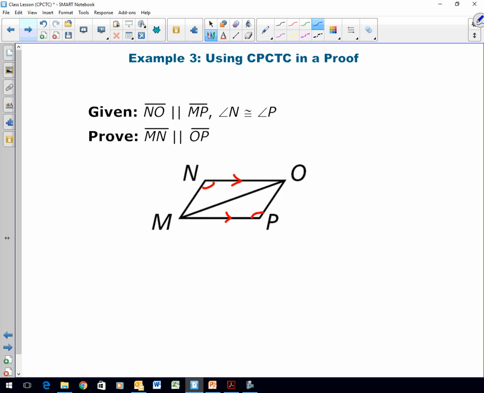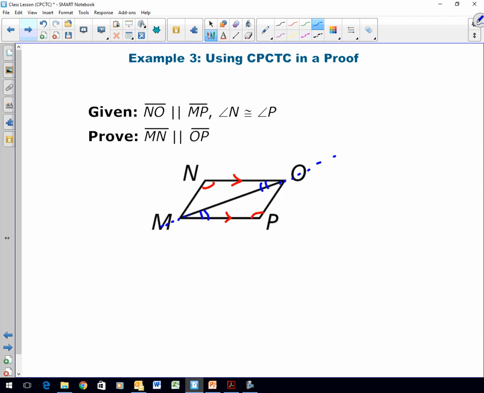They're congruent. Why would they be congruent? What theorem? Challenge. These two angles be congruent through what theorem? Just the angles.